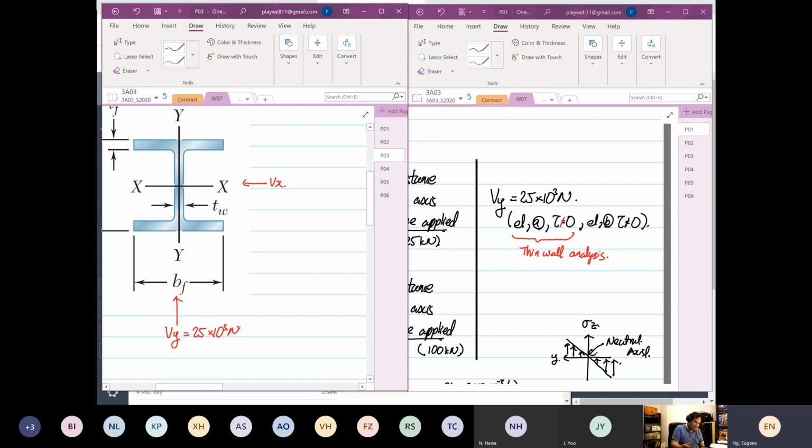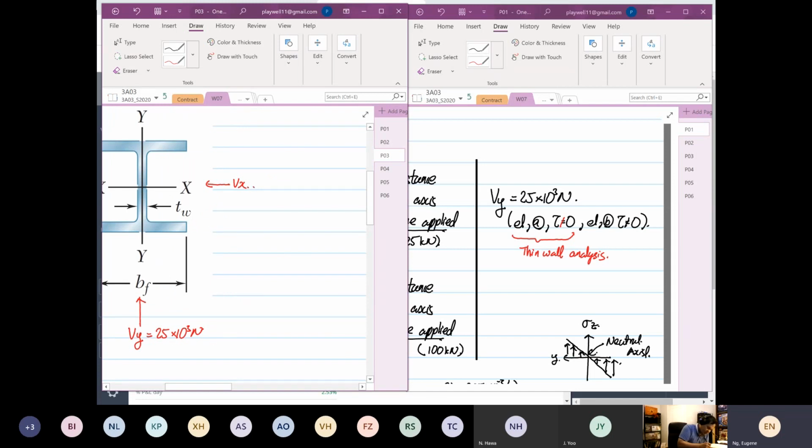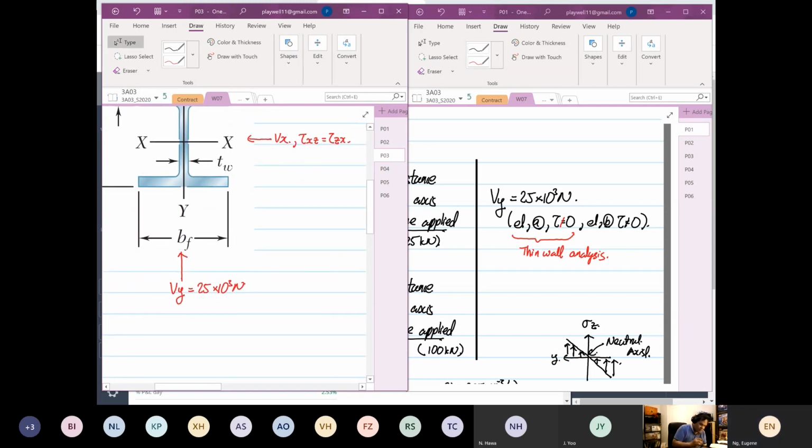Our Vx is generating a shearing stress in xz, which is equal to the shearing stress zx. How about Vy? Anyone? Is it going to generate shearing stress in the same plane, in xz and also zx?